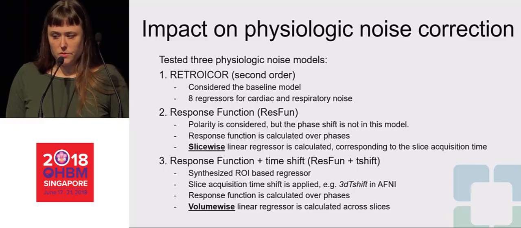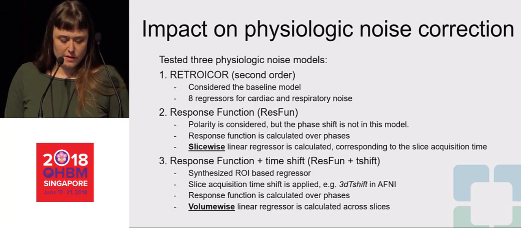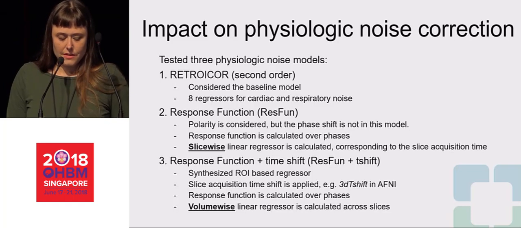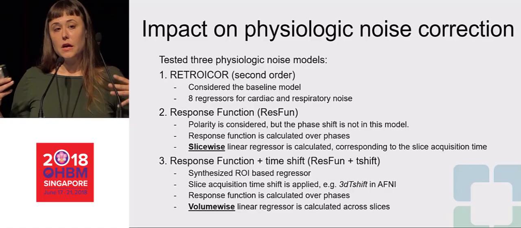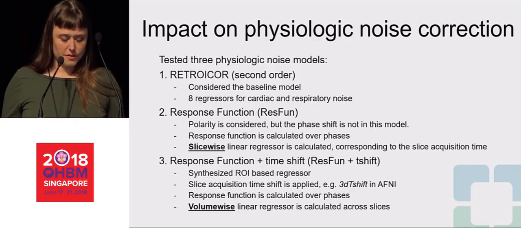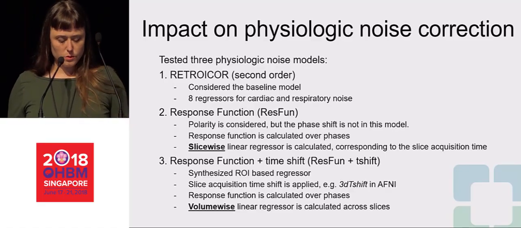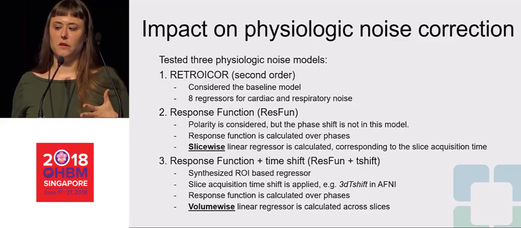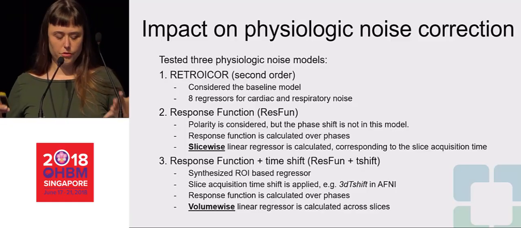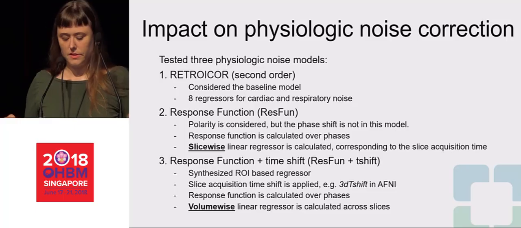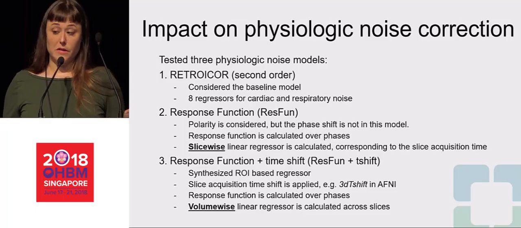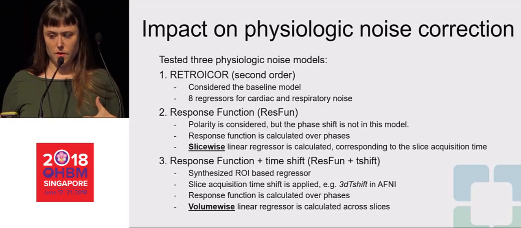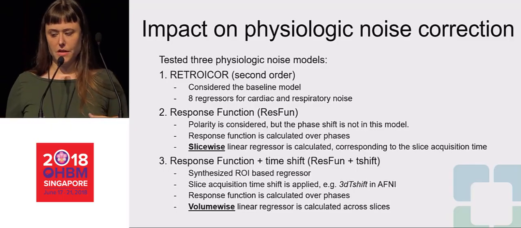It calculates the response function over phases, and then a slice-wise linear regressor is calculated corresponding to the slice acquisition time. As you might be thinking, this isn't really a model that would typically be used, but we're including it as a comparison to the third model, which is meant to synthesize a more commonly used method, the response function model with the slice acquisition timing shift.